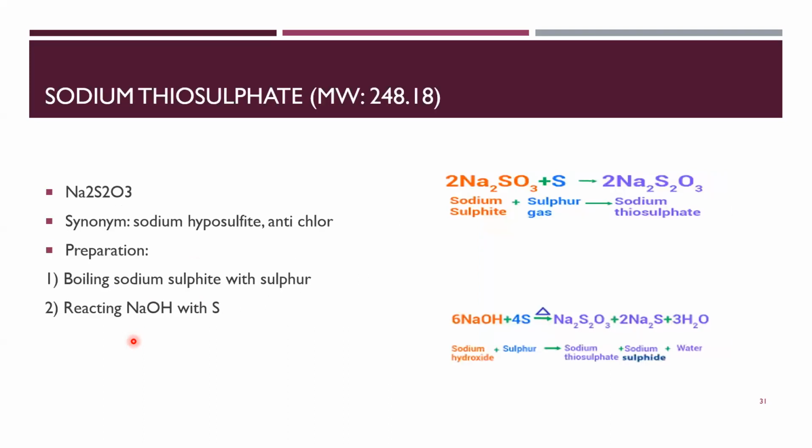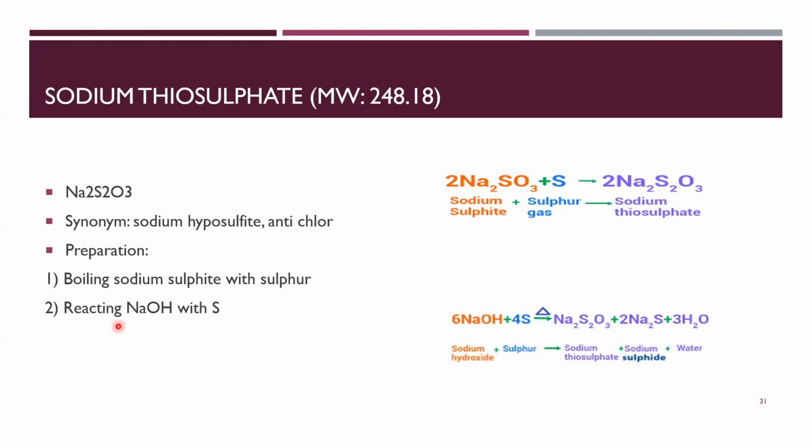Now sodium thiosulfate with molecular weight of 248.80. Let's look into this compound. Synonyms can be sodium hyposulfite or antichlor. The preparation is by boiling sodium sulfite with sulfur.